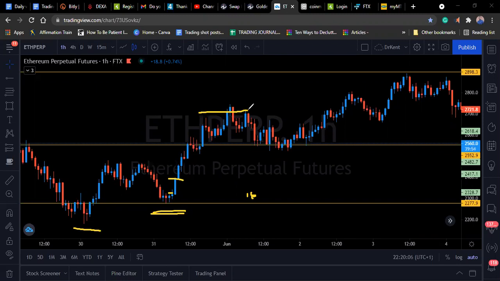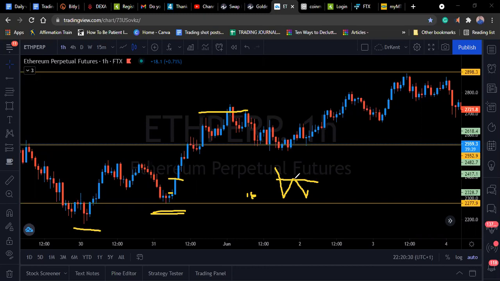Then that's aggressive. Then to be conservative, you identify what is called the neckline of the W. If this is the W, this area where it formed this push up is called the neckline.